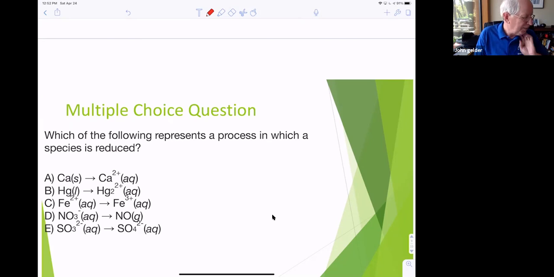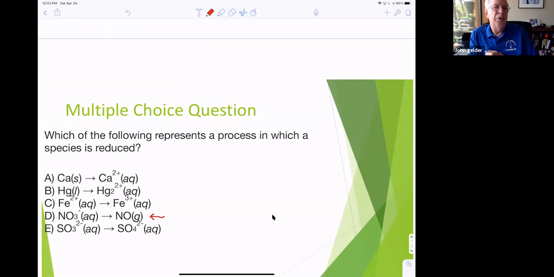And so the correct choice is D. If we remember those historical definitions, in the case of D, we can see there are three oxygens around nitrogen and it goes to one oxygen. That's a loss, so that's a reduction. We can see in E, that would follow the case of an oxidation from a historical standpoint. It's the gain, sulfur gaining oxygen.